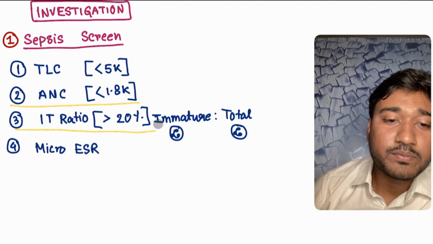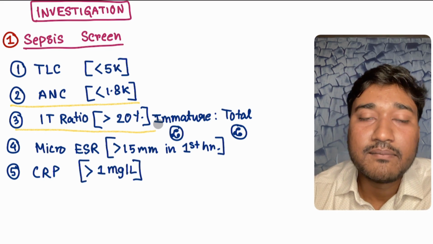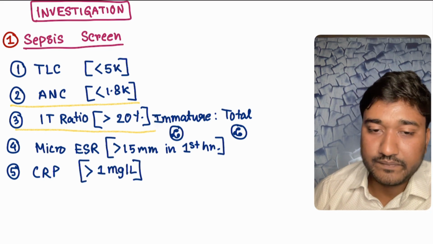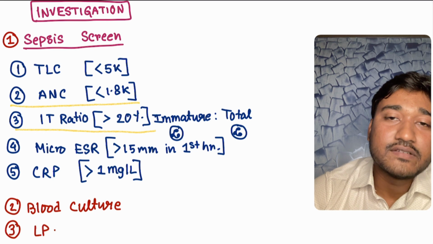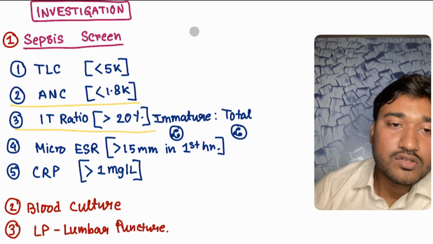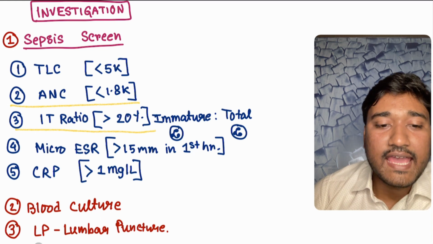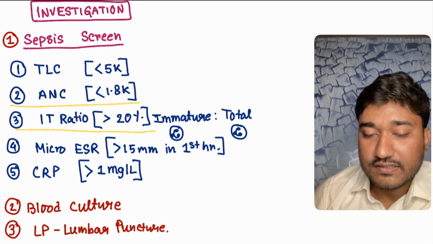Okay, the fourth parameter is micro ESR. Micro ESR should be more than 15 millimeter in first hour, as well as the CRP. CRP should be more than 1 mg per liter. So apart from the sepsis screen, other investigations are blood culture as well as LP, that is CSF, lumbar puncture.